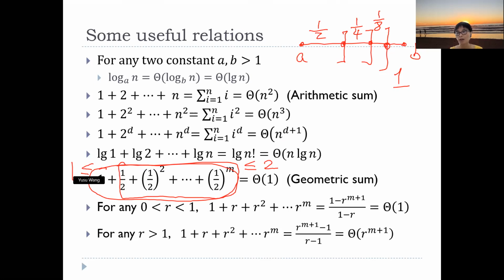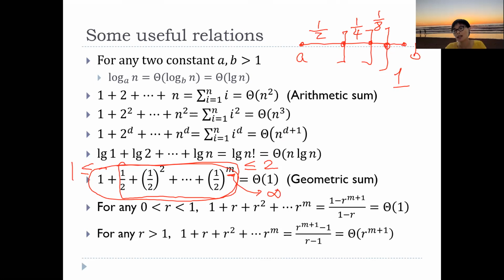So it gives you only a constant. Intuitively, why is this happening? This is because every time you take a ratio of what you have before, you're reducing the size very fast, even though m can be infinite. Even if you add infinite terms, what you're adding is getting smaller and smaller very fast.